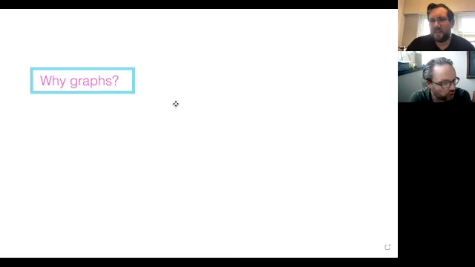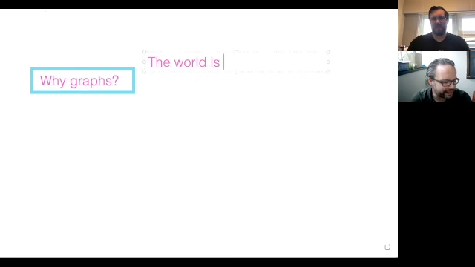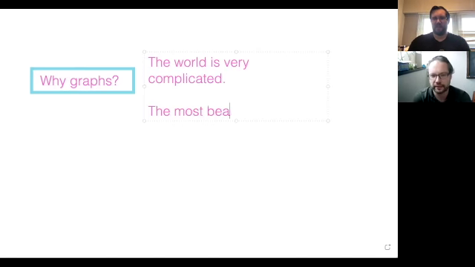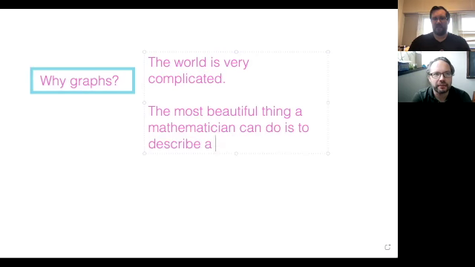So, Dr. Hiller, at this point, my students know the what of graphs and some of the how, but they don't know the why. And I want us to introduce them to some of our friends. The why graph. The world is very complicated. And I think the most beautiful thing a mathematician can do is to describe a complicated phenomenon in simple terms.